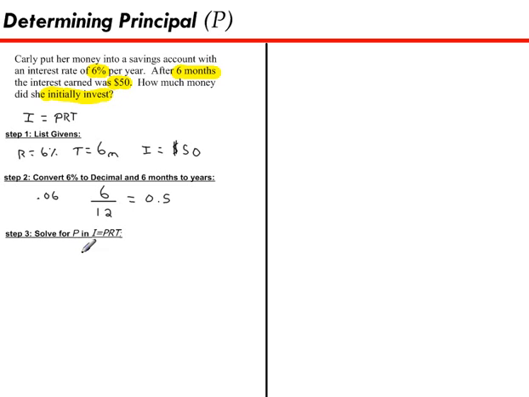To solve for P, I'm going to go ahead and start plugging in values for I, R, and T. So our I was given as $50 equal to P, that's the unknown this time, times the rate we just converted in step 2, which is 0.06, times the T, the time, we also converted, which is now 0.5, or half of a year.